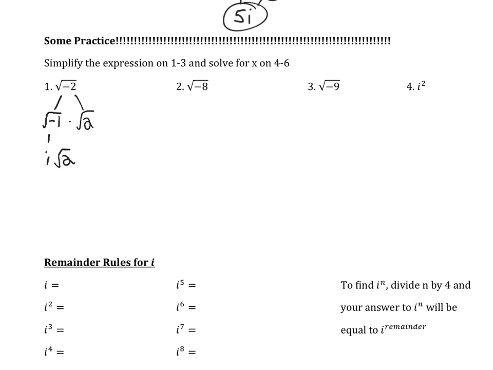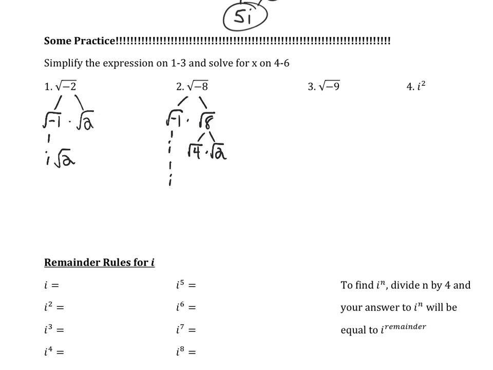Let's take a look at number 2. Before you start breaking anything down into these trees, let's always factor out the root negative 1, and you'll see why. So we have root negative 1 times root 8. We know root negative 1 is i, but root 8 can be simplified into root 4 times root 2. We'll carry down the i again.